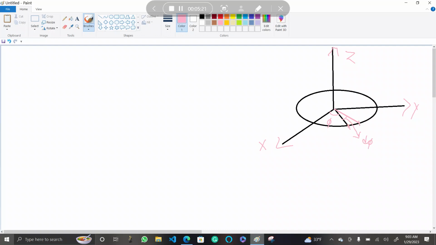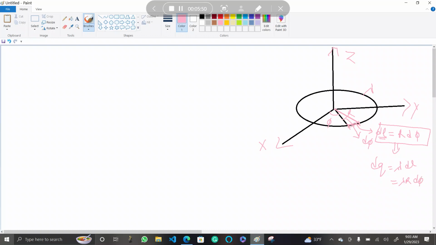If I take this as the small element dl, and the radius of the loop is r, then dl equals r d phi. If lambda is the charge per unit length, then the charge contained in that small line element is dq, which equals lambda dl, or lambda r d phi.